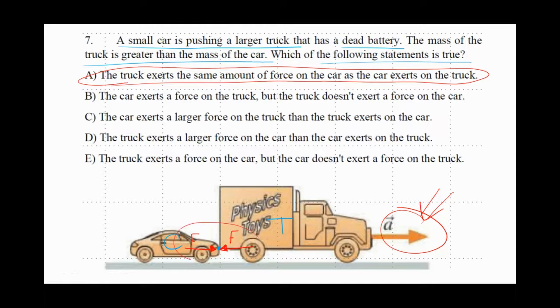And now you say I have two forces against each other, this F and this F. So where is the force that causes acceleration? I will tell you, it's the external force that comes from the tires, the friction on the tires of the car.